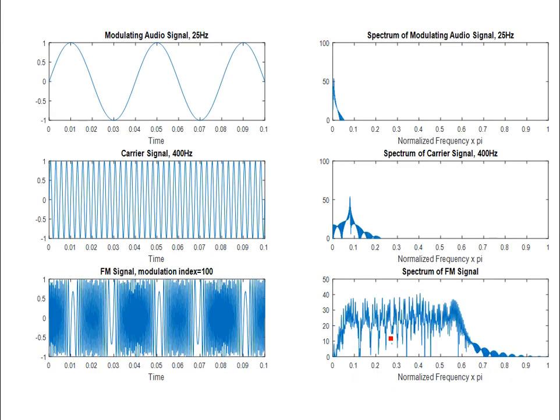And if you go on increasing the modulation index again 10 folds, to 100, then there is a larger range of frequencies contained in the spectrum of the FM signal. So you have more frequencies, low frequencies and high frequencies, and this continuum of frequencies is dependent on the modulating signal, the amplitude of the modulating signal.